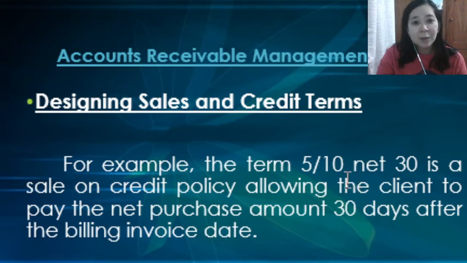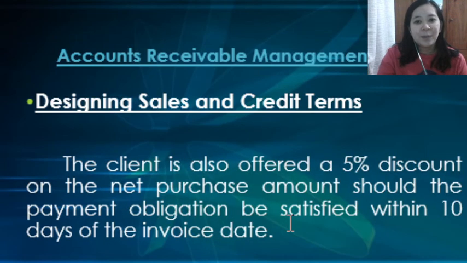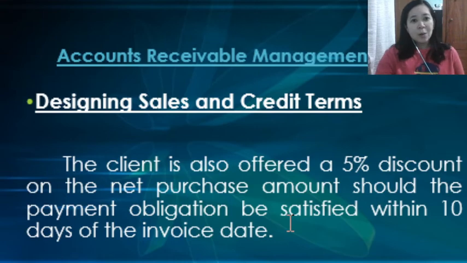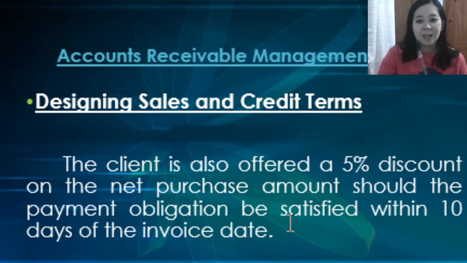But after the 10th day, if they pay from the 11th day until the 30th day, then there is no discount. They will have to pay the full credit amount. These are just an example.